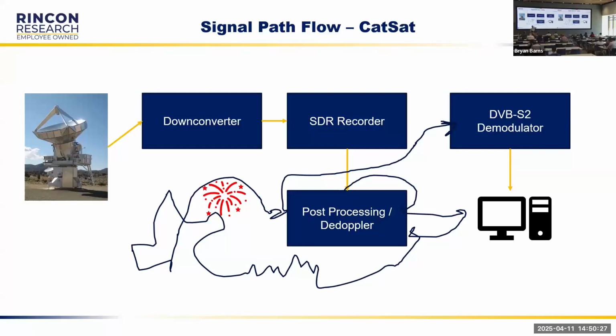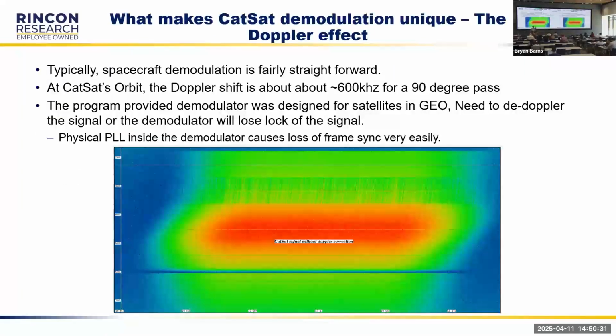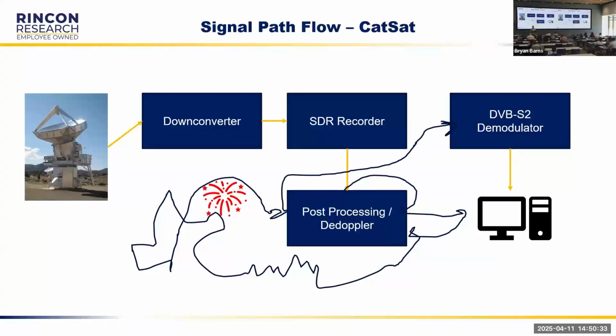And then after that, how do you get this into a super nice straight signal? The answer is that it's a multi-step cooking process. The first is you need to know where the spacecraft was at all times during your pass, and then convert that from an inertial frame to a non-inertial frame.